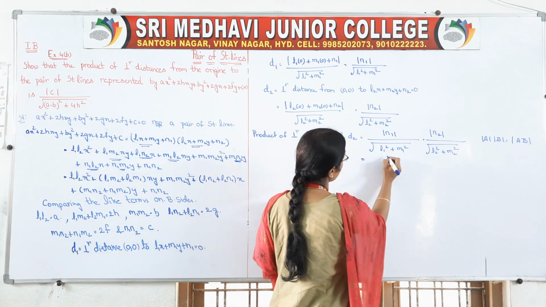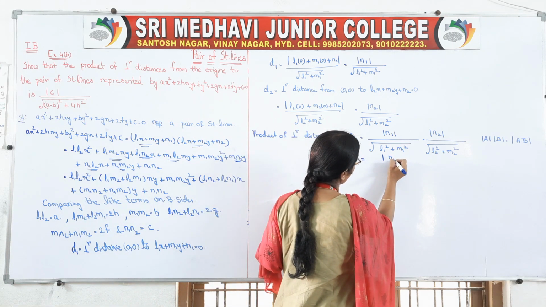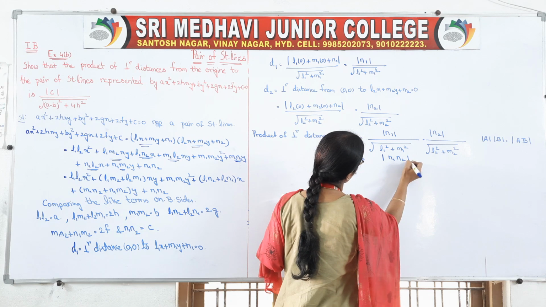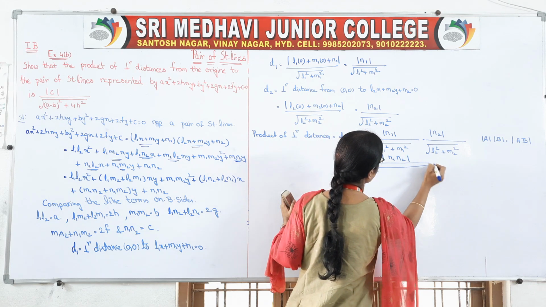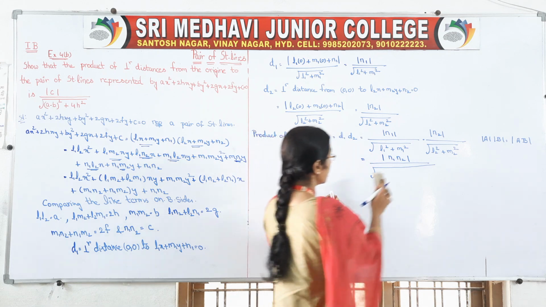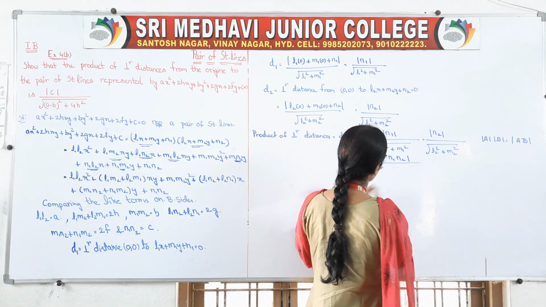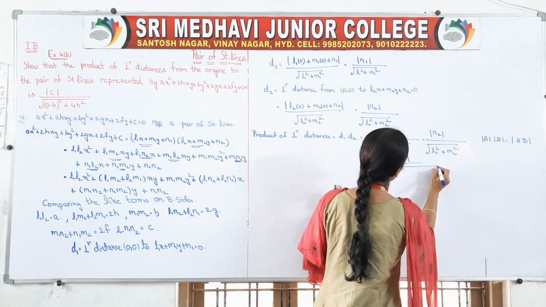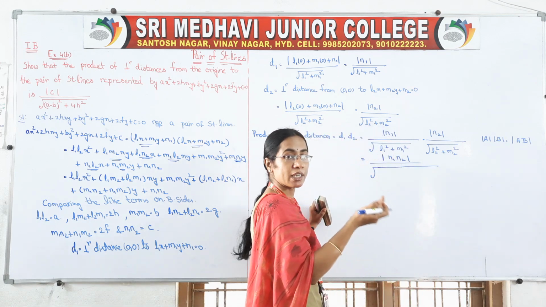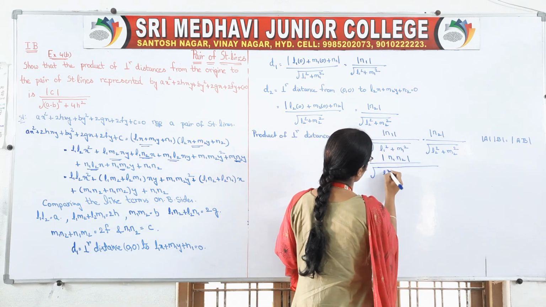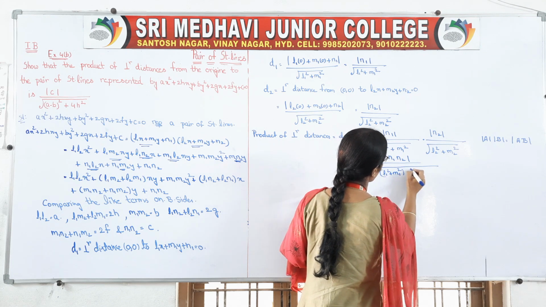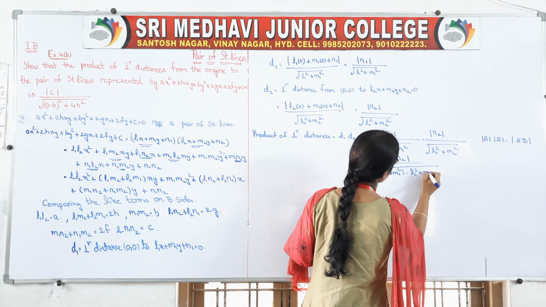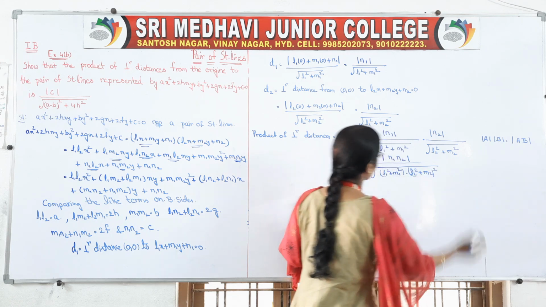So we can write this as modulus of N1 N2 by root of, inside the square root, L1 square plus M1 square into L2 square plus M2 square.